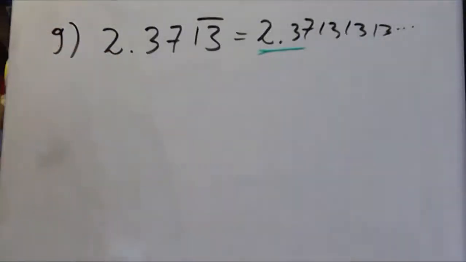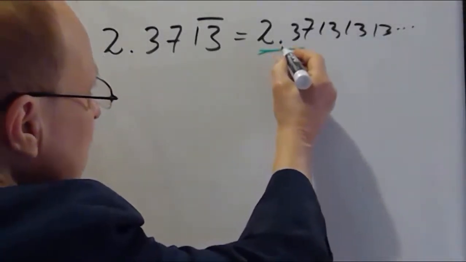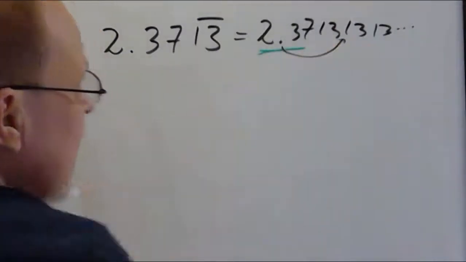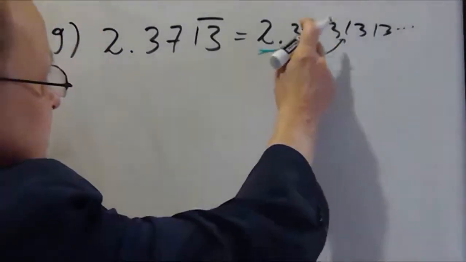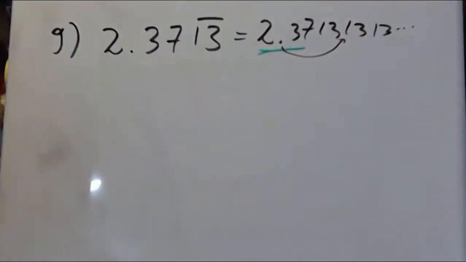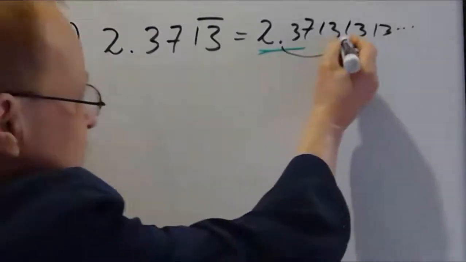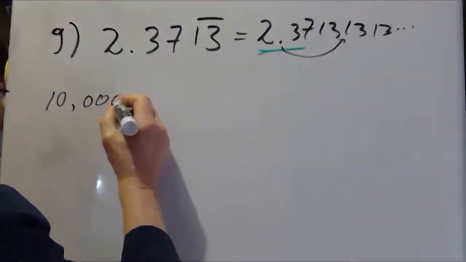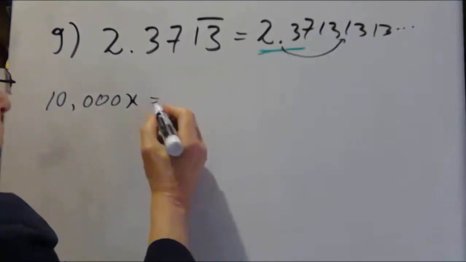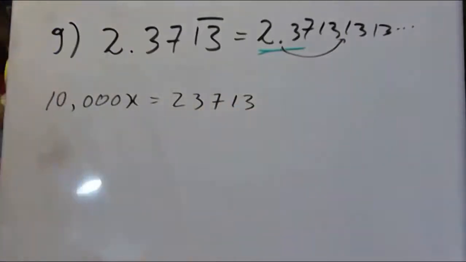So we want to figure out, what do we multiply it by? Well, we have to clear the first decimal all the way here, because we have to clear this, and then we have to make sure we include all the recurring part. So that'll be 10,000, because here's the 10,000th place. 10,000x is equal to 23,713.